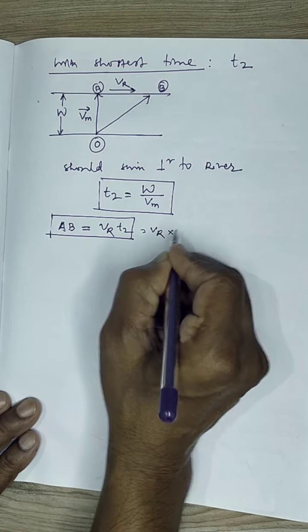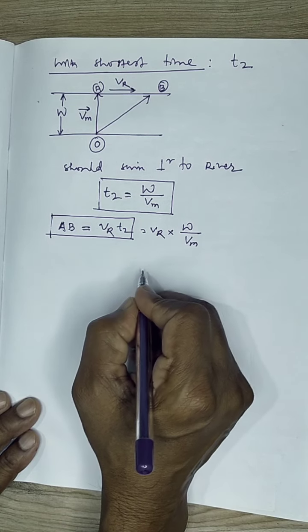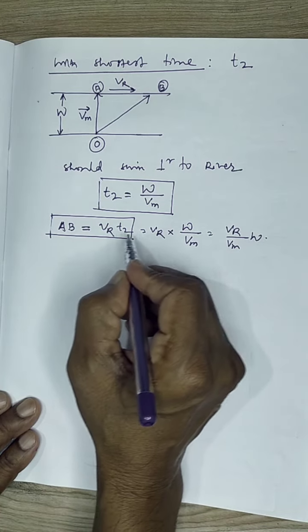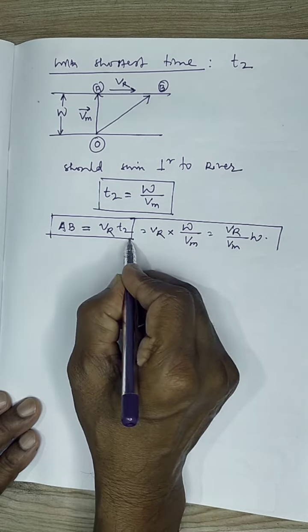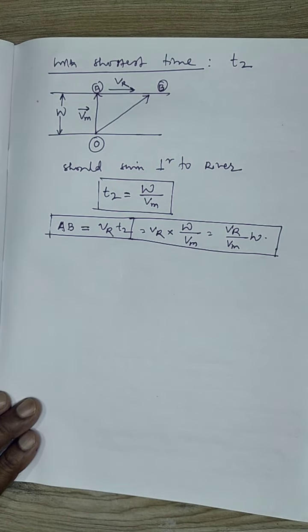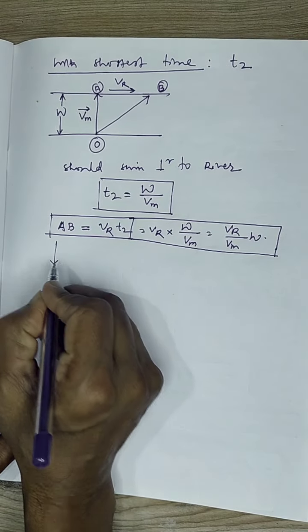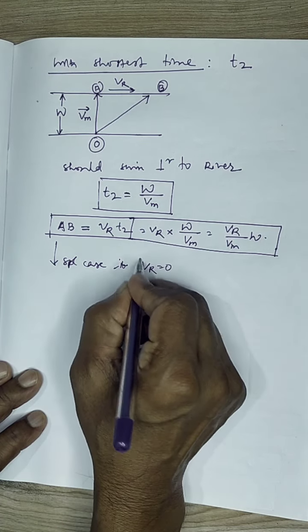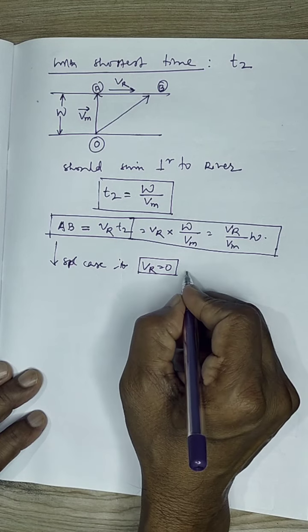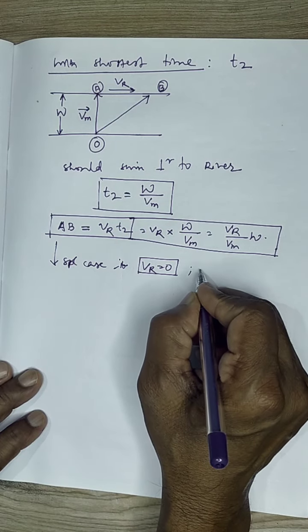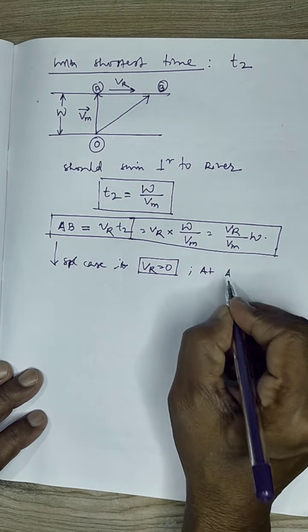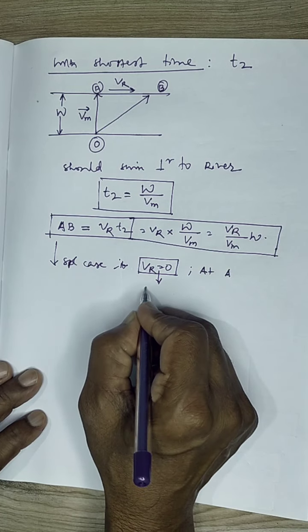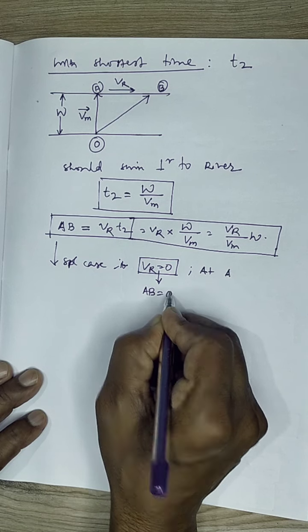So it will be Vr into width by Vm, so Vr by Vm into W. From this, as a special case, if Vr is 0 or there is no flow of river, man will touch the opposite bank at A, because once Vr is 0, AB will be 0.